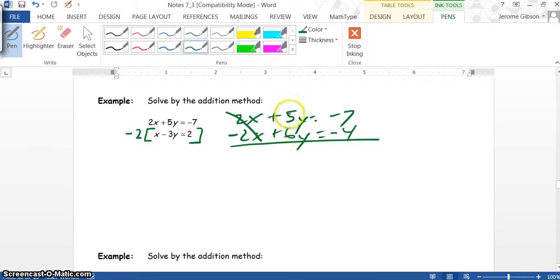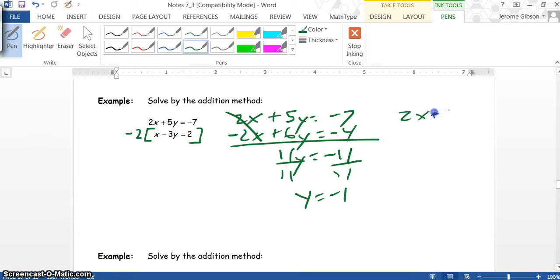These x's simplify out to 0. This will give us 11y equals negative 11. Divide each side by 11. And y is negative 1. Now we go back to one of the two original equations, substitute in negative 1. Let's try the top.